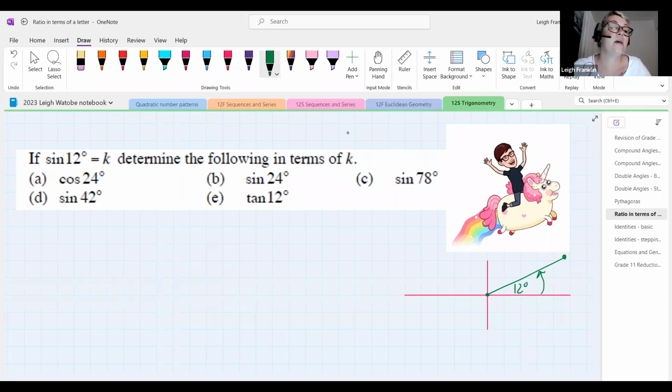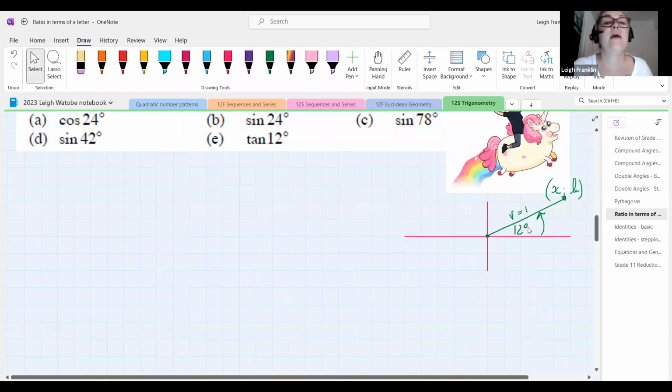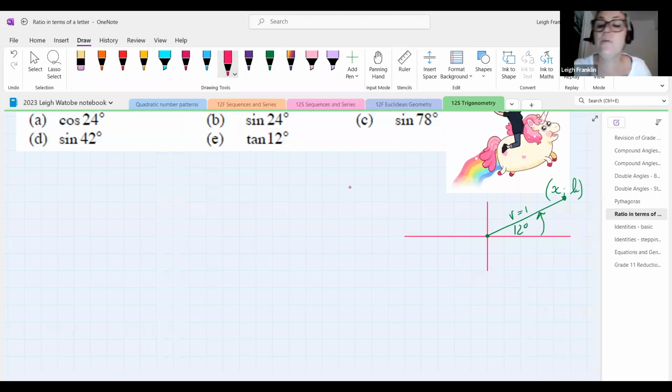And if they've given us the sine of 12, then what they are telling us is that k over 1 is y over r. So you should have said that r is equal to 1, we don't know what x is, and y was equal to k. So we should have solved for x in terms of k using Pythagoras.